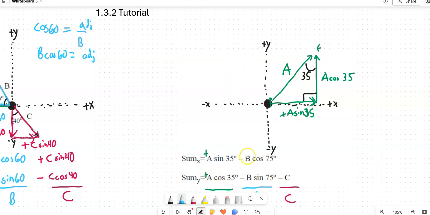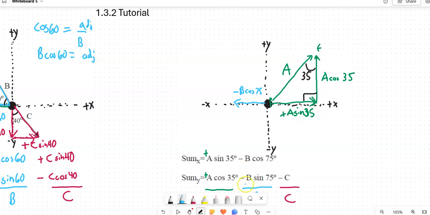So what I'm going to do is go back to that first method and say this is the sum of x. This b vector is pointing to the left. So I'm going to draw a vector to the left, and I'm going to label that negative b cosine 75 degrees.